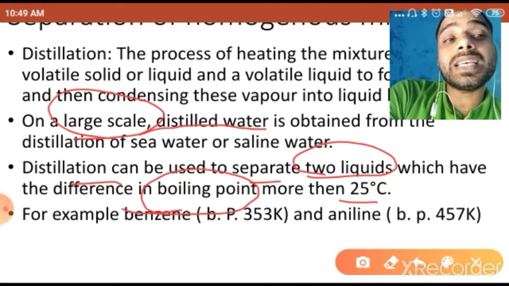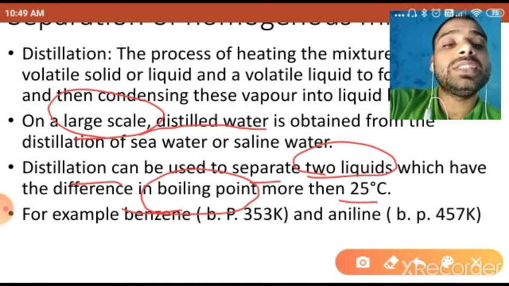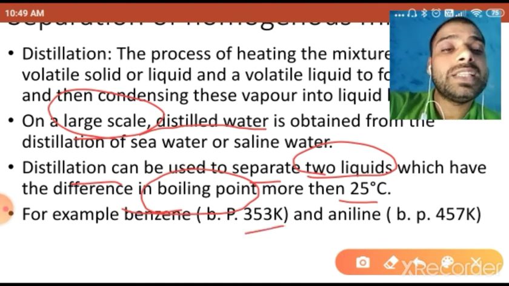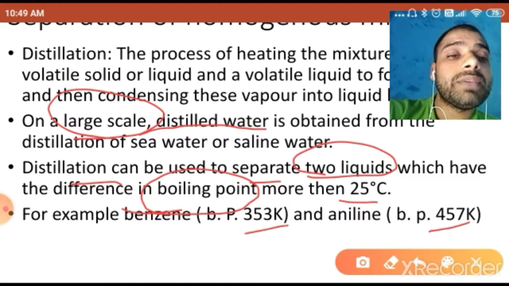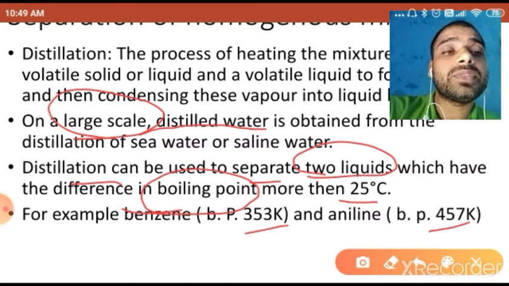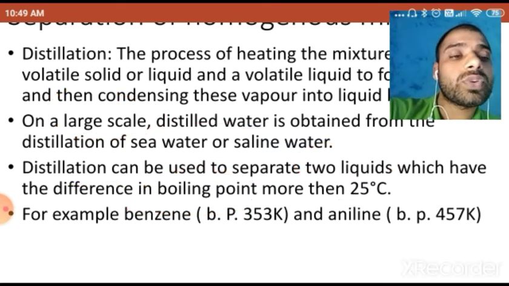If it is less than 25 degrees C, we cannot perform simple distillation, and then we have to go for fractional distillation. One example you can see here: benzene, which has a boiling point of 353, and aniline, which has 457. If you subtract these two, you get more than 25 degrees C. So in this case the distillation process can occur.